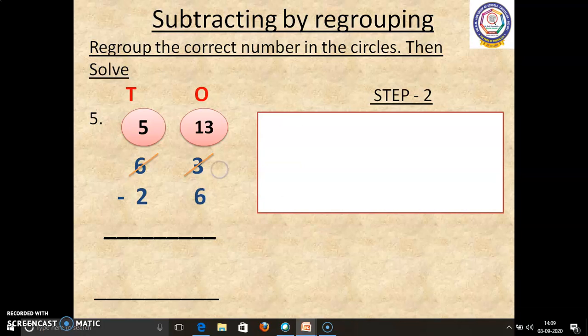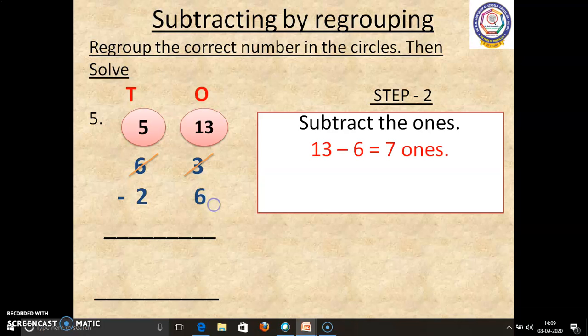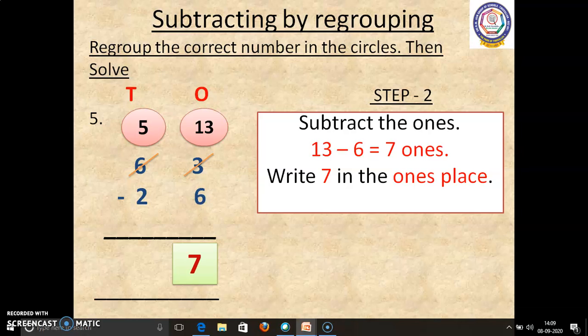Step 2. We have to subtract the ones. In the ones place, 13 minus 6 is there. 13 minus 6: 13 in the mind, 6 in the finger. 13, before it 12, 11, 10, 9, 8, 7. 7 we have to write in the ones place.